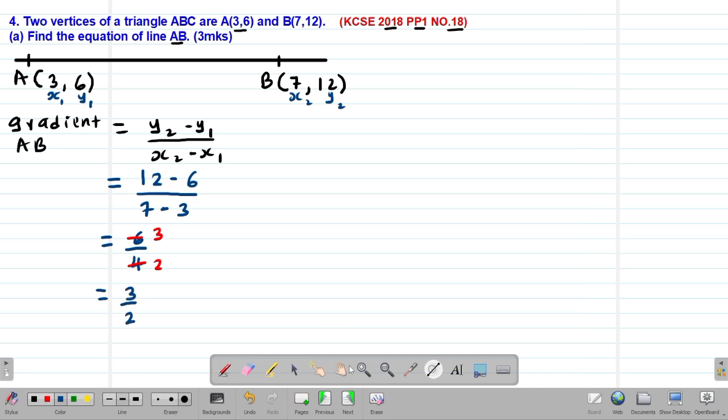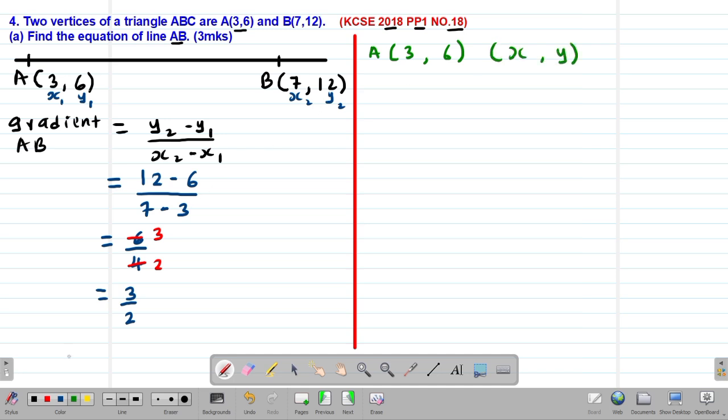Having found the gradient, we can easily get the equation. I'm going to pick one of the points, point A, which is (3, 6), and also a general point (x, y), so that I can use these two to find the equation of this straight line. Let this be x1, y1, and this x2, y2.